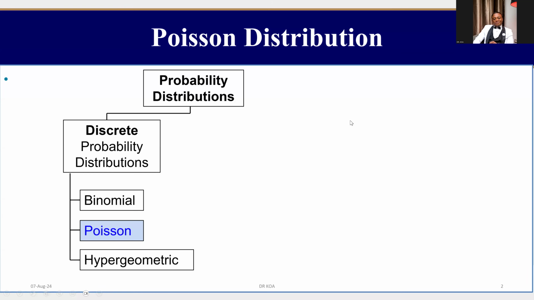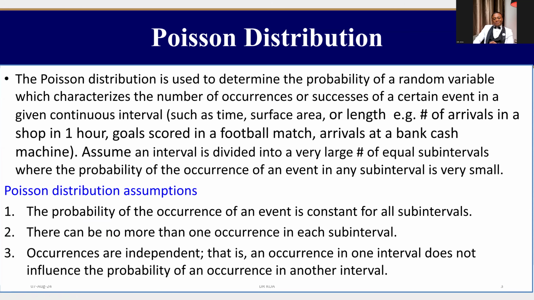All right, so we're going to continue and look at the Poisson distribution. The main thing you should know about the Poisson distribution is that it's not exactly the same as binomial. Whereas binomial looks at the exact probability, the Poisson will tell you the probability based on the average.